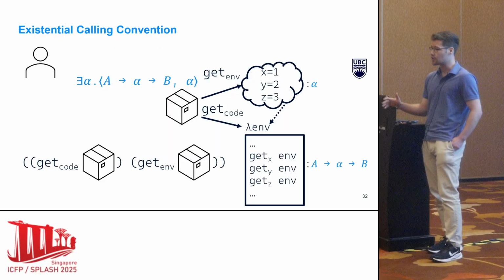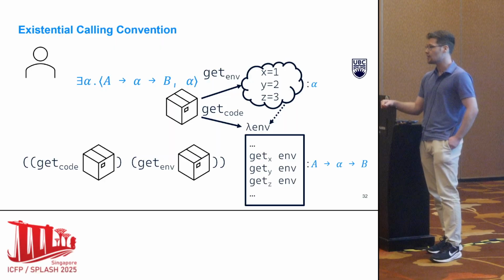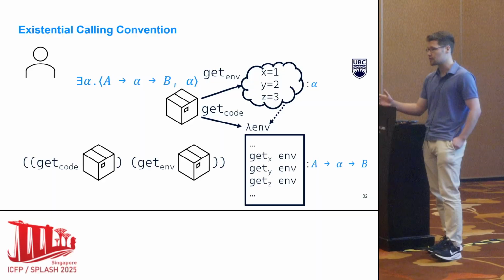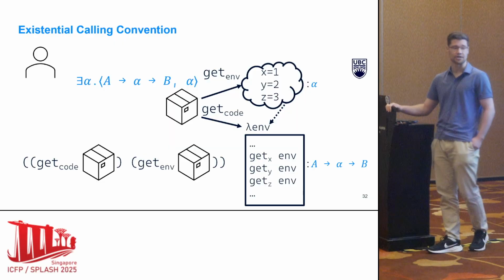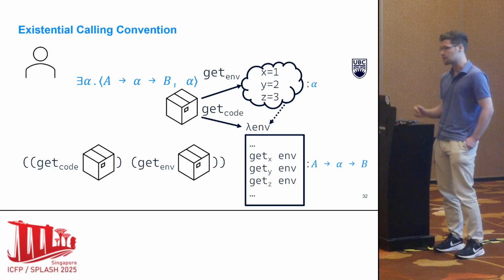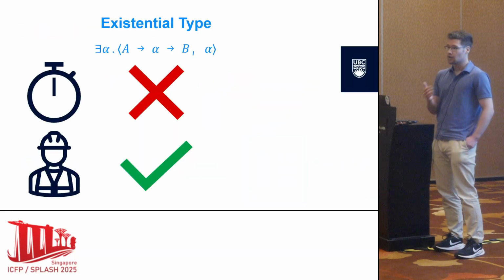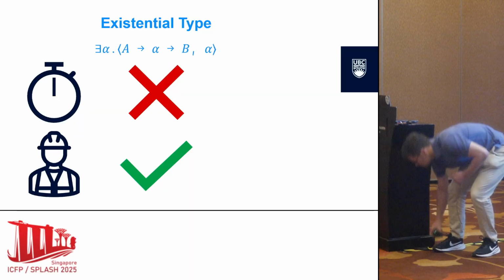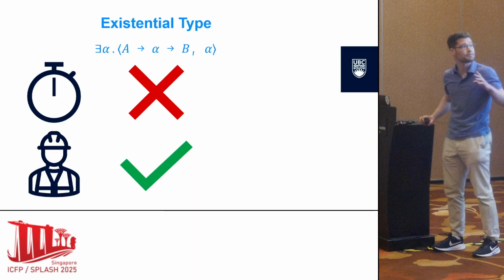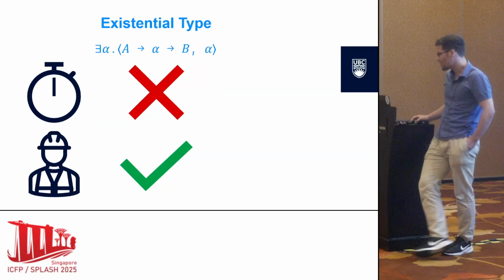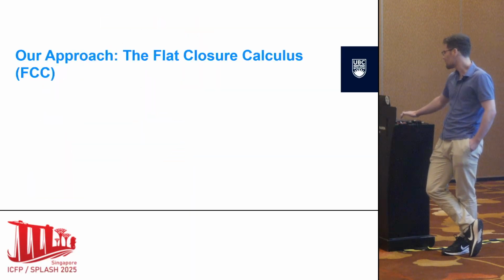And we project out the code pointer, and it's expecting that existentially quantified variable as the type of the environment. But because this is a pair, we see that we're doing these two projections. So this doesn't support the flat closure representation. We have safety, but we don't have speed.